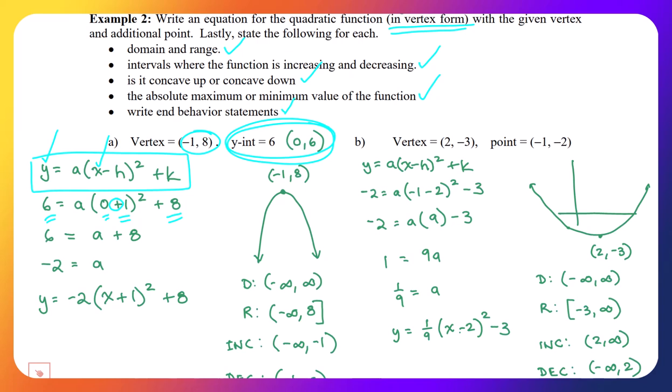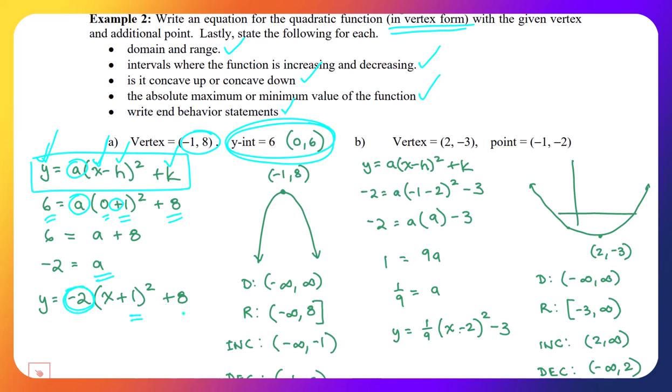So I plugged in h, k, x, and y. a is left behind, so I solve for a. 1 plus 0 is 1. Squared, it's still 1, so we just get a. And then to get a by itself, we subtract 8. And we get a is negative 2.